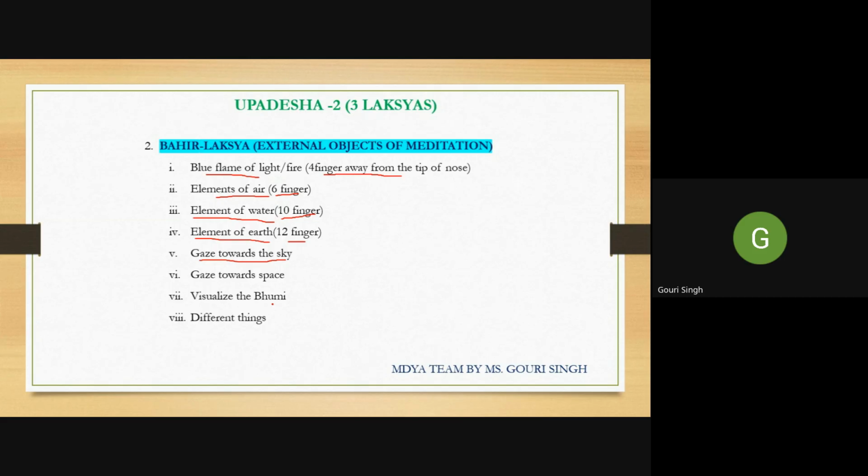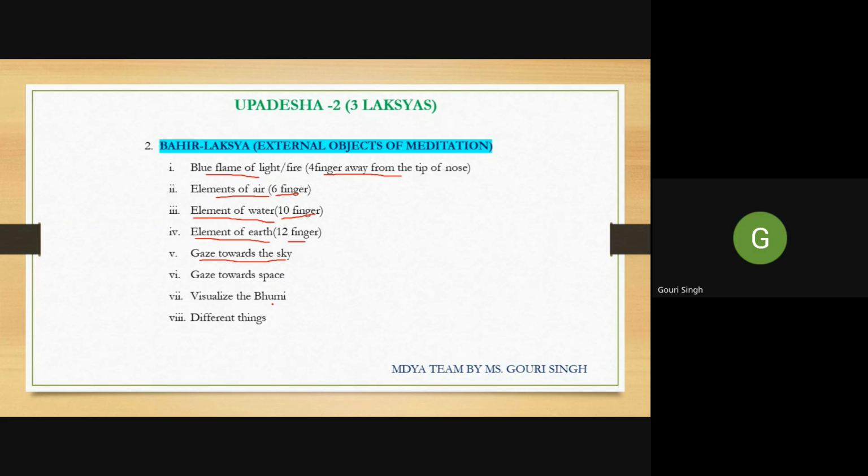Any water element means, suppose you are looking at a river outside the body, because it is talking about external objects. Anything visible, you can do the meditation on that. Elements of water means, by seeing the sea or the river, you can do the meditation.